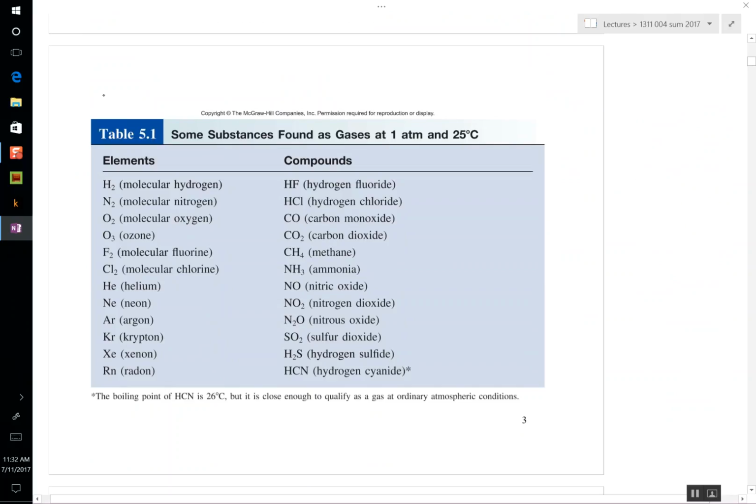All right, so here are elements. Here are compounds that are gases: carbon monoxide, carbon dioxide, methane, ammonia. Sulfur dioxide is a gas. HF is a gas, and HCl is a gas. You can buy cylinders of anhydrous HCl, no water.